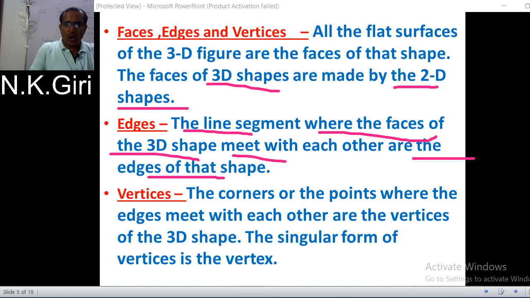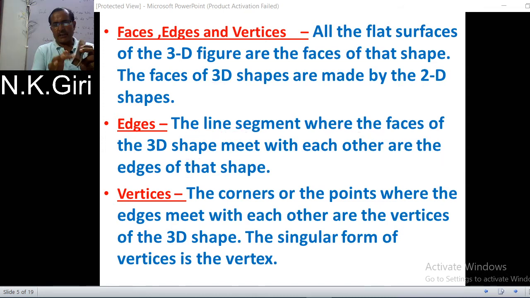We can say, like the duster, this is as length, it is called the edge, second edge, this is breadth, this is third edge, 4, 5, 6, 7, 8, 9, 10, 11 and 12. These are the 12 edges. The line segments where the faces of the three-dimensional shape meet each other are the edges of the shape.